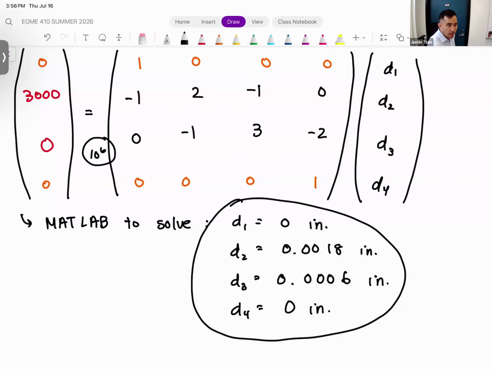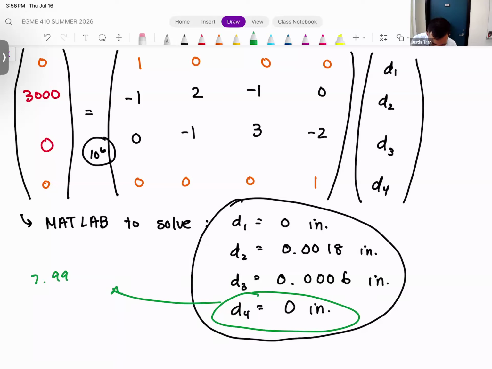One quick note: if you're solving this in MATLAB, MATLAB sometimes does a poor job of rounding. Sometimes you'll solve a system like this and see that D4 is non-zero, something like 7.99999 times 10 to the minus 18. Don't panic when you see this.